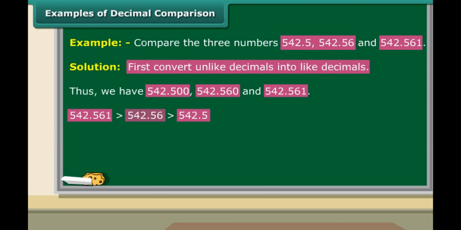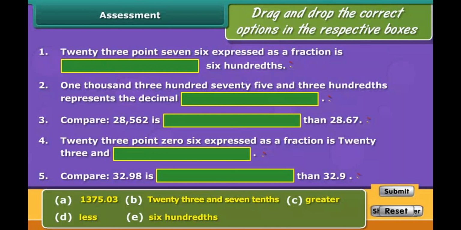Similarly, 542.56 is greater than 542.5. Thus, 542.561 is greater than 542.56, which is greater than 542.5. It is time to check your understanding. Drag and drop the correct options in the respective boxes.